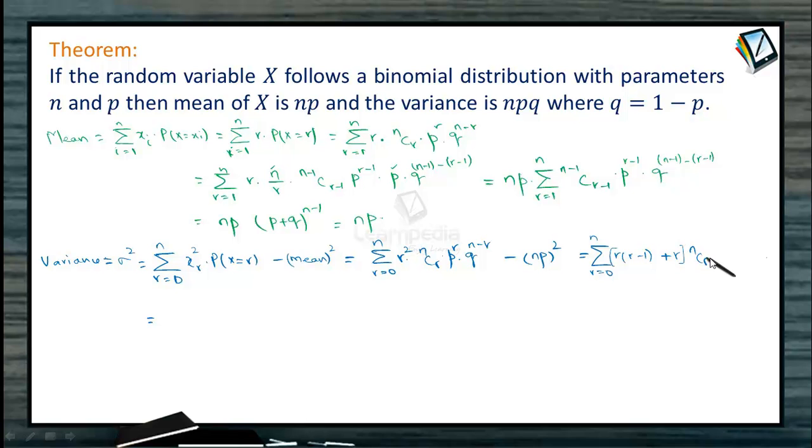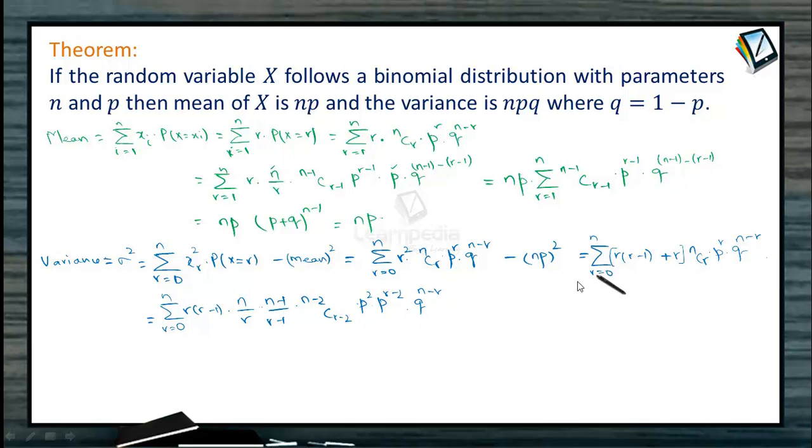The remaining terms we repeat as they are, nCr into p to the power of r into q to the power of n minus r. Now let's split the terms, with the first term in this bracket. This would be sigma r equal to 0 to n, r into r minus 1 into that nCr, which we replace with n by r into n minus 1 by r minus 1 times n minus 2 Cr minus 2, into p square into p to the power of r minus 2 into q to the power of n minus r.